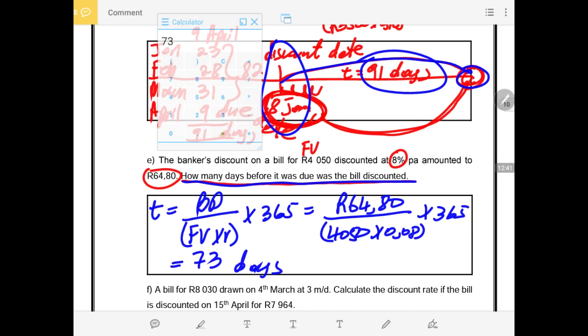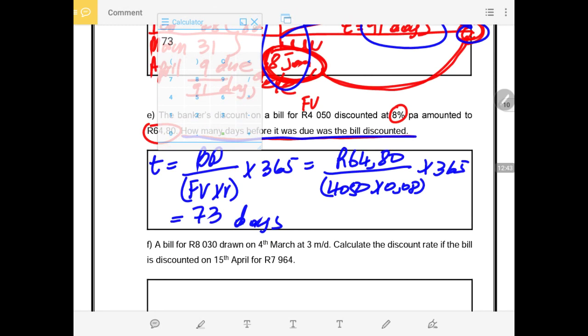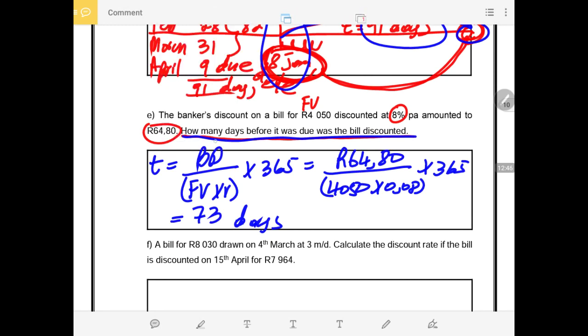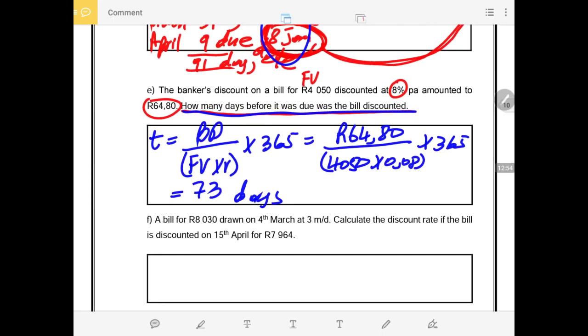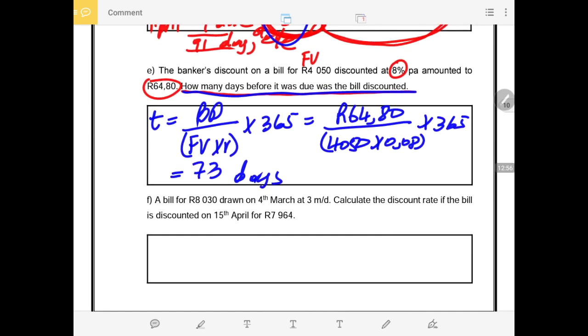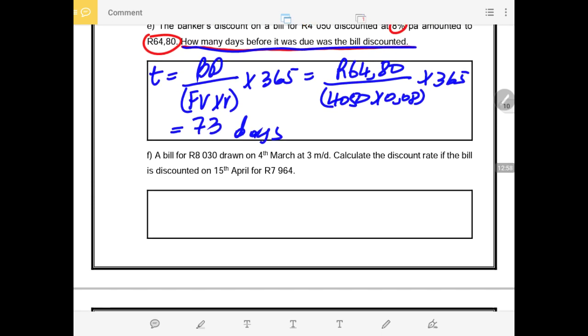Now 73 days is our unexpired period, which means the number of days before the bill was due that it was discounted is 73 days. So that will be simple and easy, number E, take home marks.